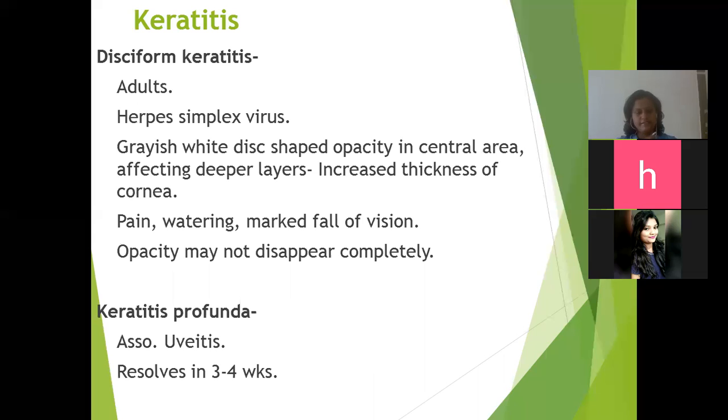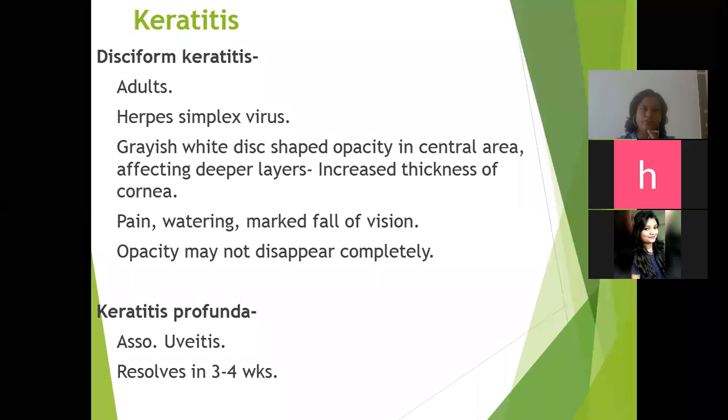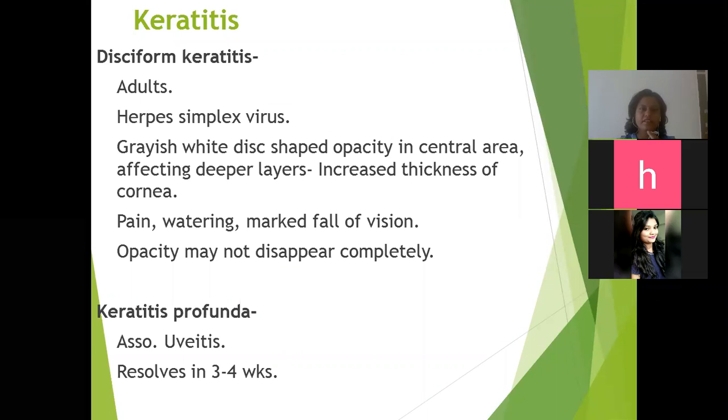So this is all about the diseases of the cornea, that is corneal ulcer, suppurative keratitis, leukoma, hypopyon ulcer of the cornea, keratitis, disciform keratitis, herpes zoster ophthalmicus, and keratitis profunda. All are very essential diseases of the cornea that we learned in today's topic.